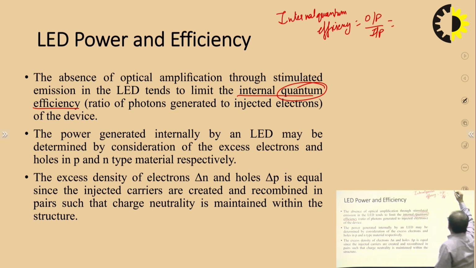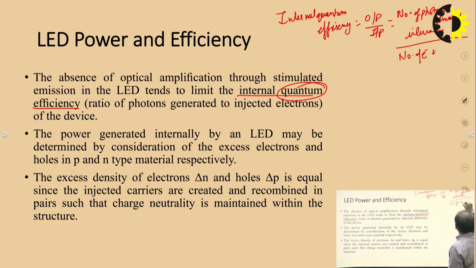The output is the number of photons generated internally, divided by the number of electrons injected, and this injection of electrons is by the forward biasing of the LED.